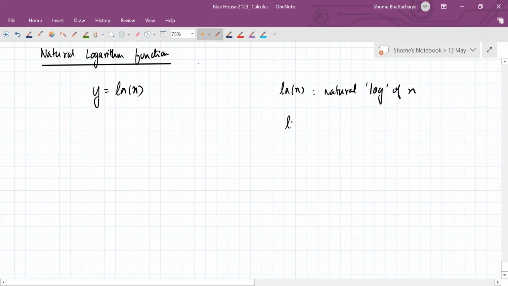And what it means is that it is log x to the base e, where e is that exponential number.